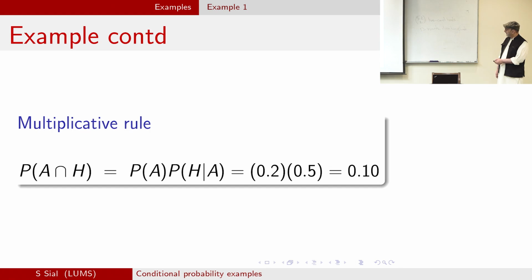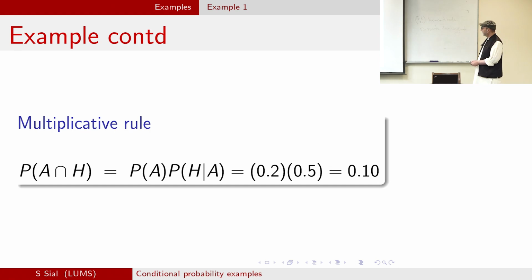Because we're given the probability of A and the conditional probability, we can use the multiplicative rule to find the probability of the intersection. The probability of the intersection is the probability of A times the conditional probability. We were given that the probability of A was 0.2 and the conditional probability was 0.5, and so we get 0.1. Okay, that's an easy one.